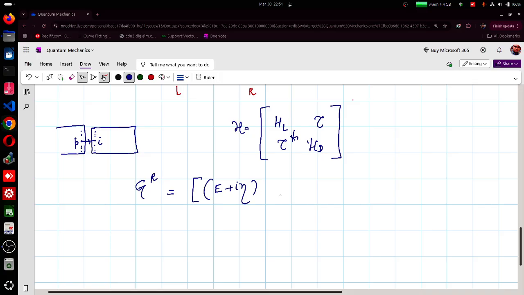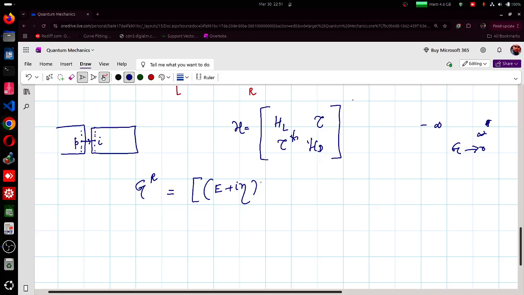Okay, so eta is real and iota eta is imaginary. Otherwise it will just blow off, and the condition of the Green's function at minus infinity and plus infinity is that G should go to 0. To make it convergent, we introduce this eta.